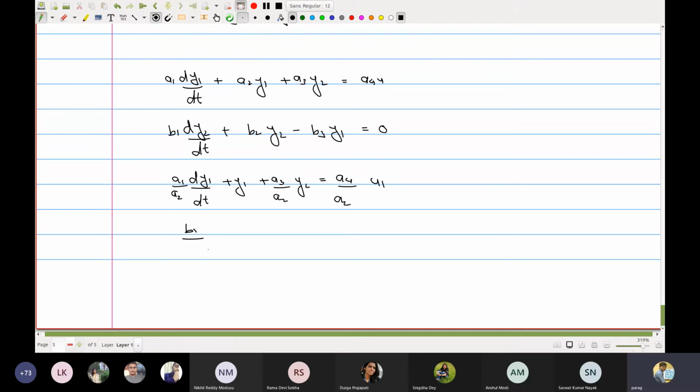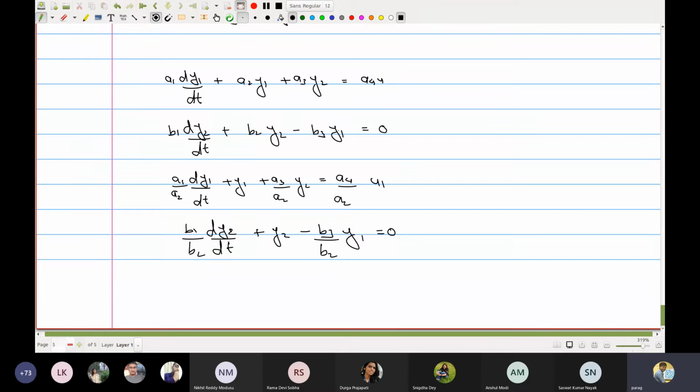Similarly, b1 by b2 dy2 by dt plus y2 minus b3 by b2 y1 equals 0. So now we have the functions in a proper format for the Laplace transform.